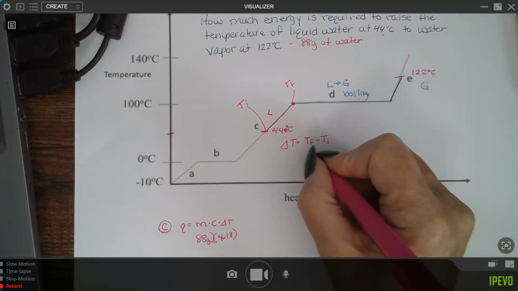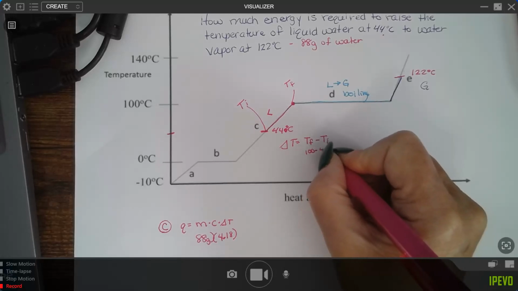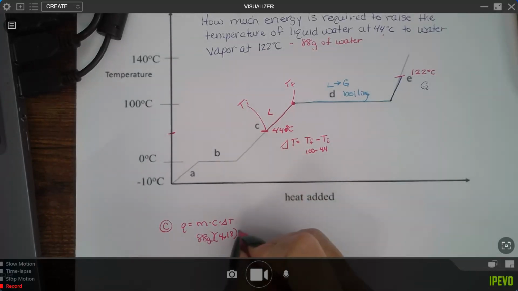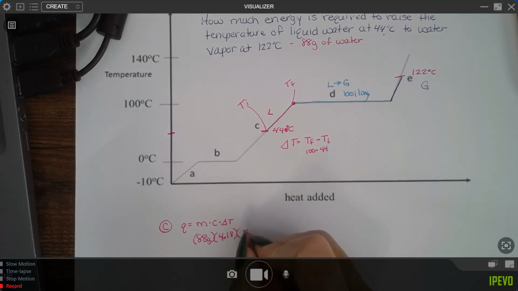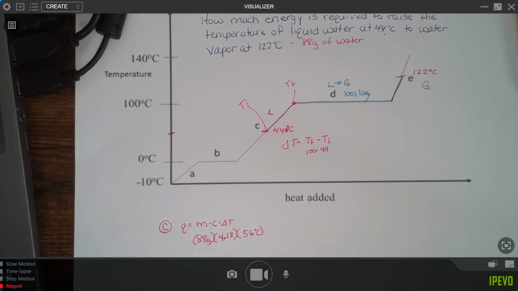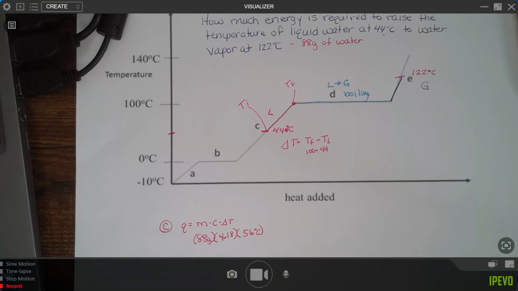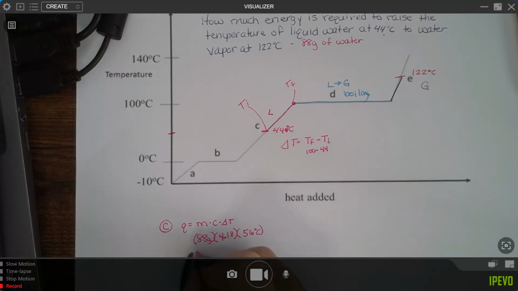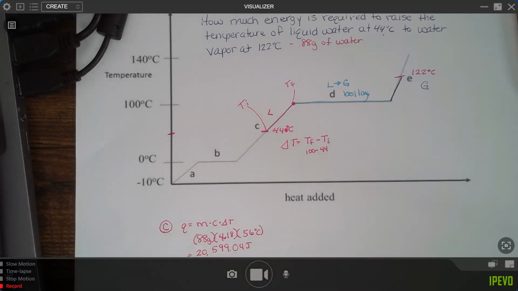So our delta T is 100 minus 44, which is 56 degrees Celsius. Now let's do that calculation for the first step. Q is going to be 20,599.04 joules for that first segment.